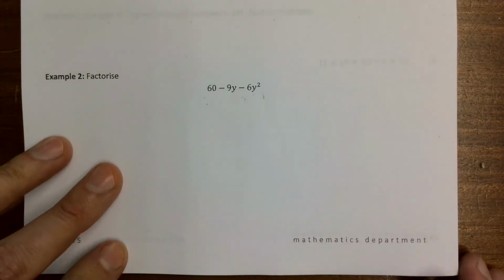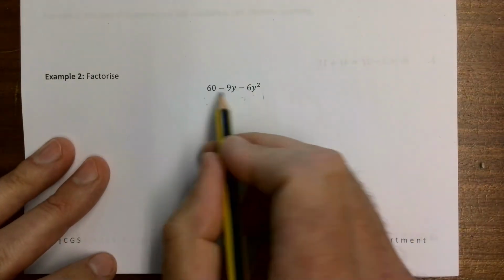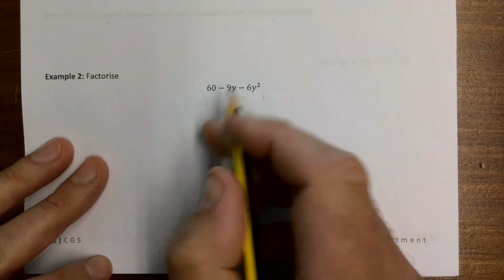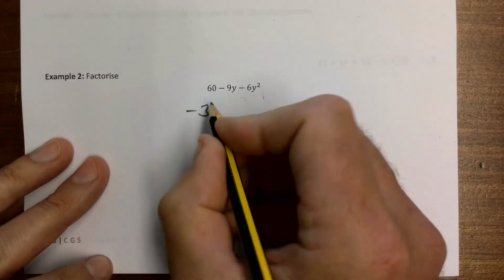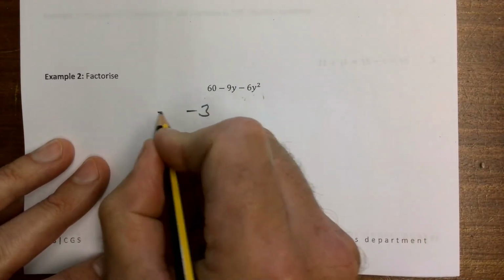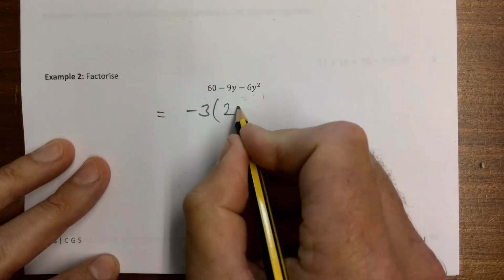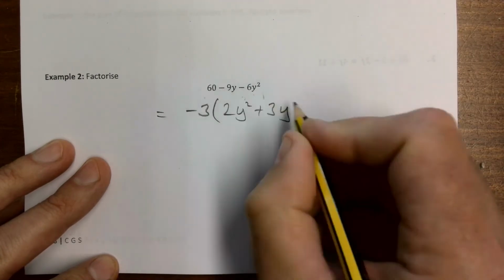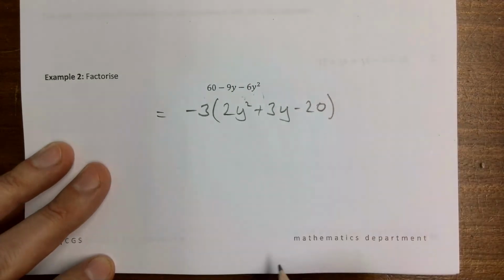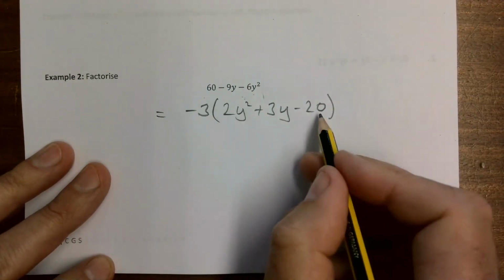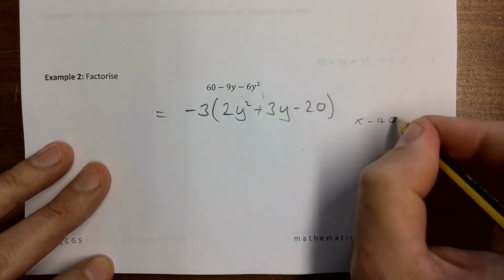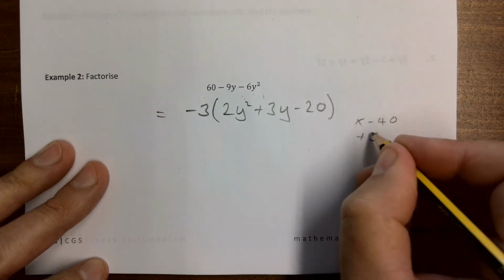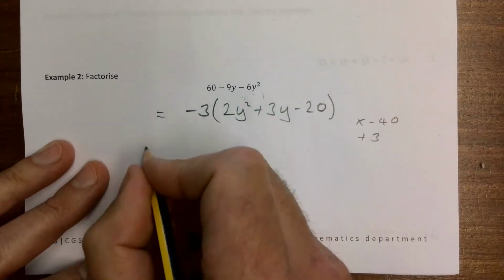Example 2 is tough enough as well, so there's a few different bits and pieces. First of all, I can see there's a common factor of 3 to take out. Anytime I'm factorising a quadratic, I like the squared term to be positive, so I'm actually going to take out a minus 3. So if I take out a minus 3 and then rearrange this, I hope you can see what I'm doing here. That's going to give me 2y squared plus 3y minus 20. I'm looking for two numbers that multiply to give minus 40, and the same two numbers add then to give 3. So we're looking for factors of 40 effectively where the gap is 3, so I think 8 and 5 are going to work for us.